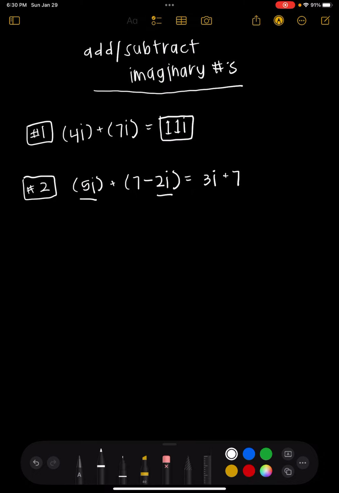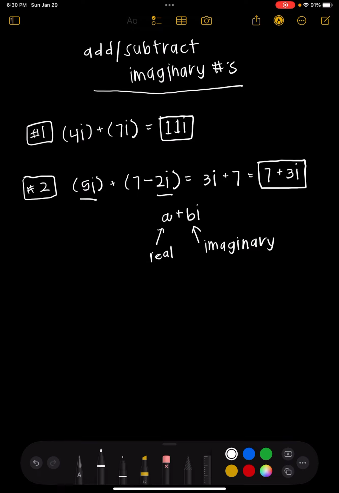This is on your little cheat sheet, but complex number form is a plus bi, where a is the real part and b is the imaginary part, obviously, because it has the i. So this 3i plus 7 is correct. It's just not in the right form. To put it in the right form, we would do 7 plus 3i. And that's in the right format and the right answer.